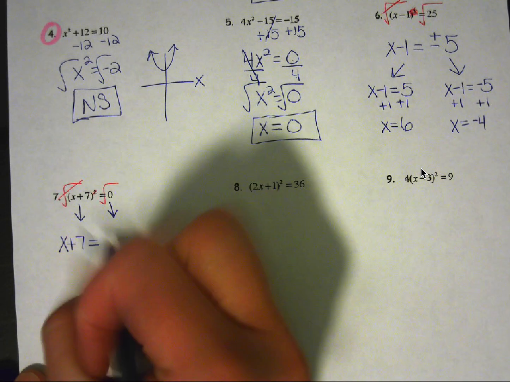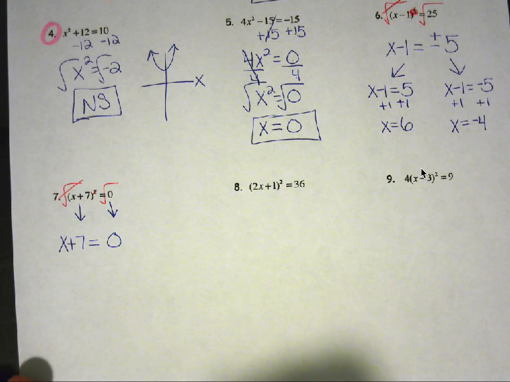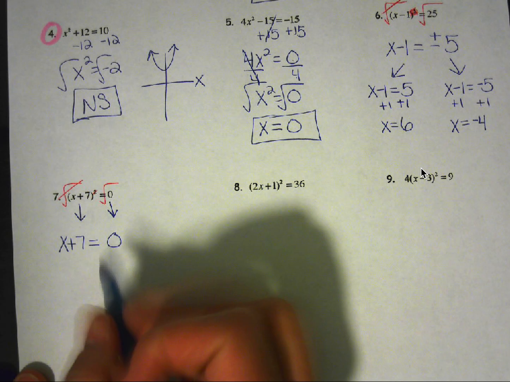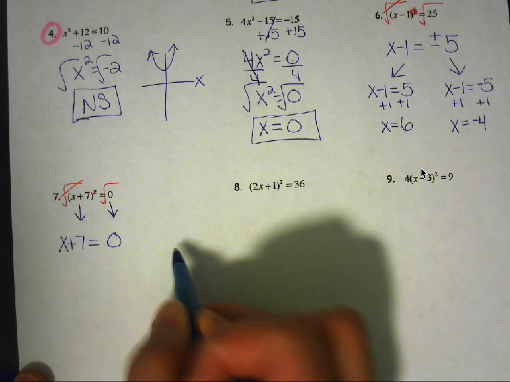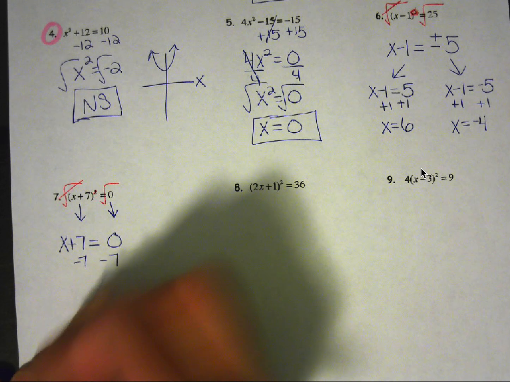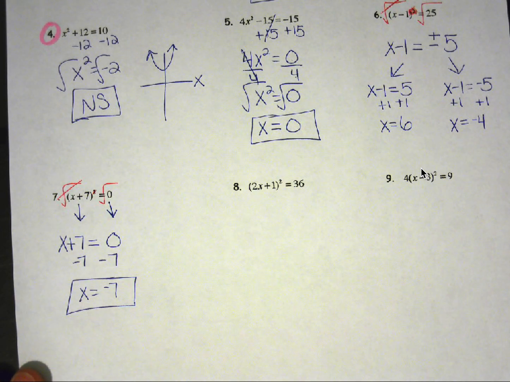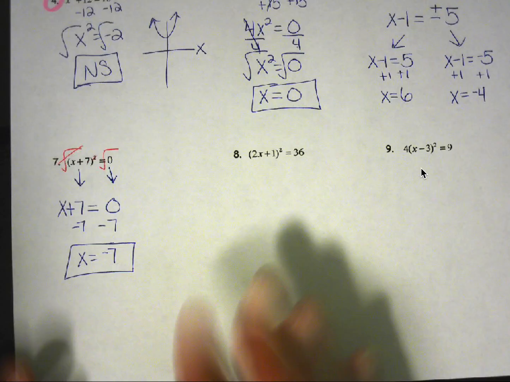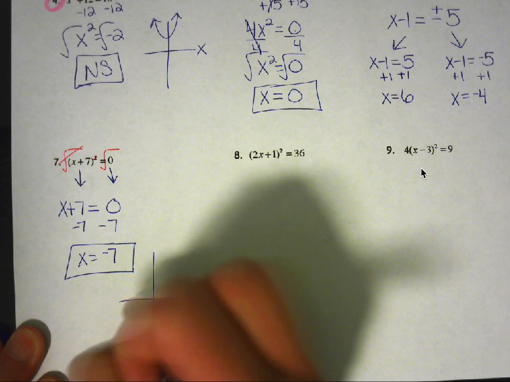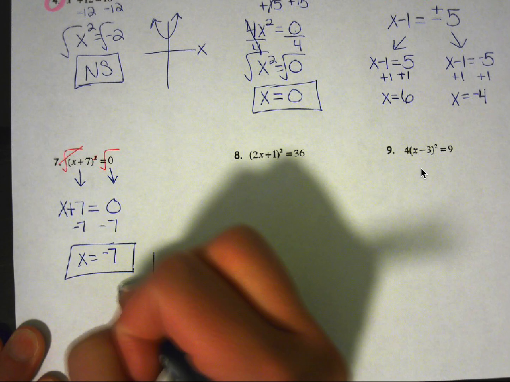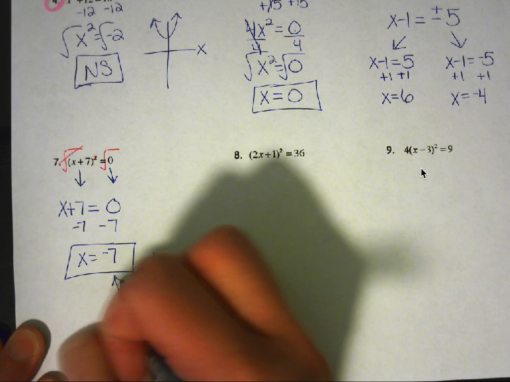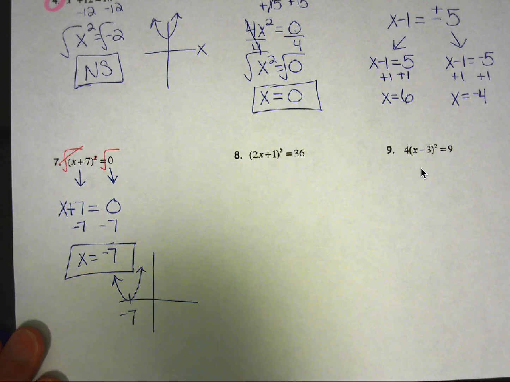But in this particular one, the square root of 0 is just 0. There is no plus or minus, and so I don't have to split it. So now I just subtract 7, and notice I get one answer. So again, if we were to type this into Desmos, what we would be seeing is that it's crossing at -7, and it's just touching and going right back up. So it looks like that, okay?